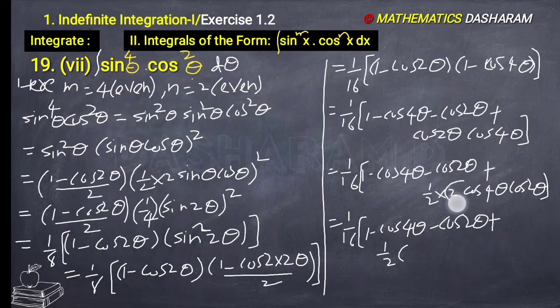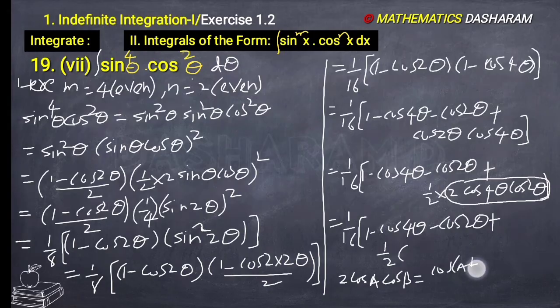here 2 cos a into cos b formula: 2 cos a into cos b is cos a plus b plus cos a minus b.